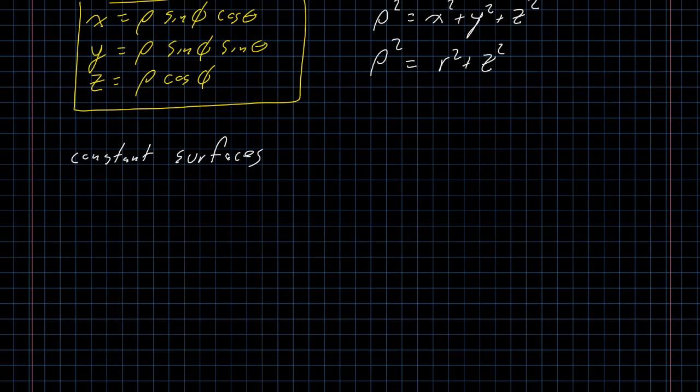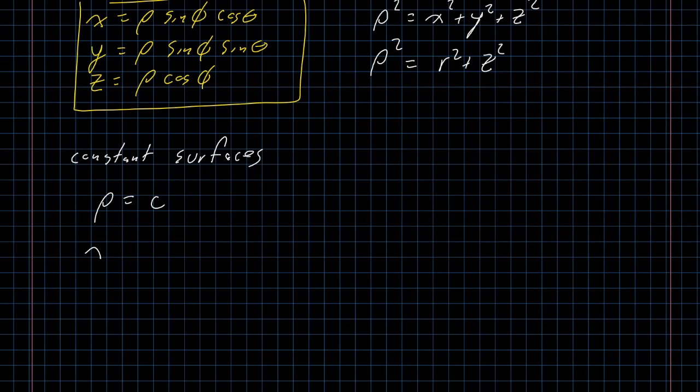To make sure that everything makes sense, we'll start off looking at the constant surfaces. When rho is equal to some constant, well, rho squared is x squared plus y squared plus z squared.